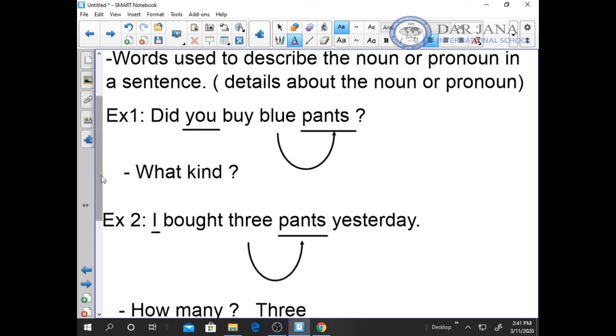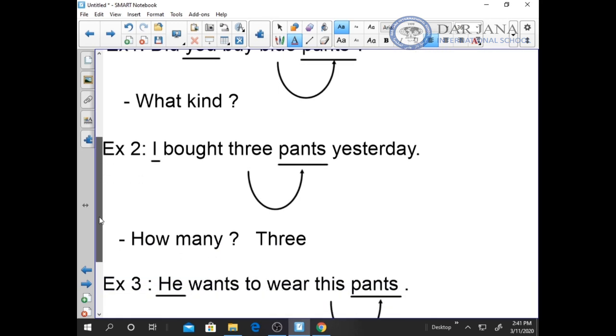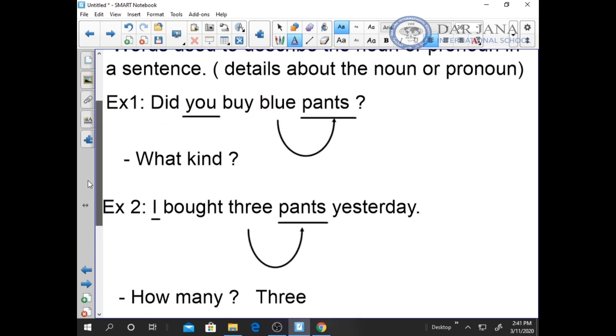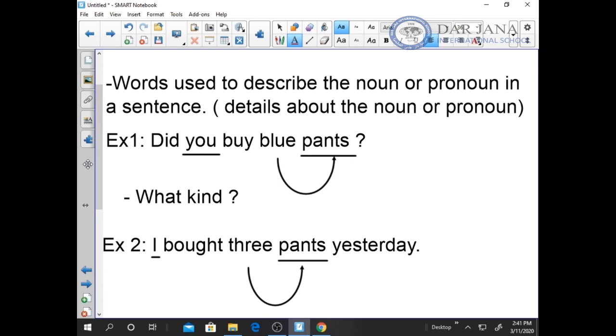An adjective will give you the answer of these questions: what kind, how many, and which one. So if you have a word answering one of these questions, it means that this is an adjective.